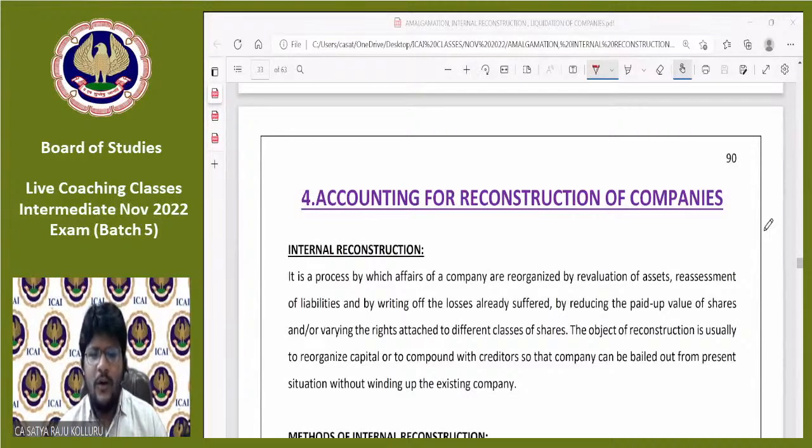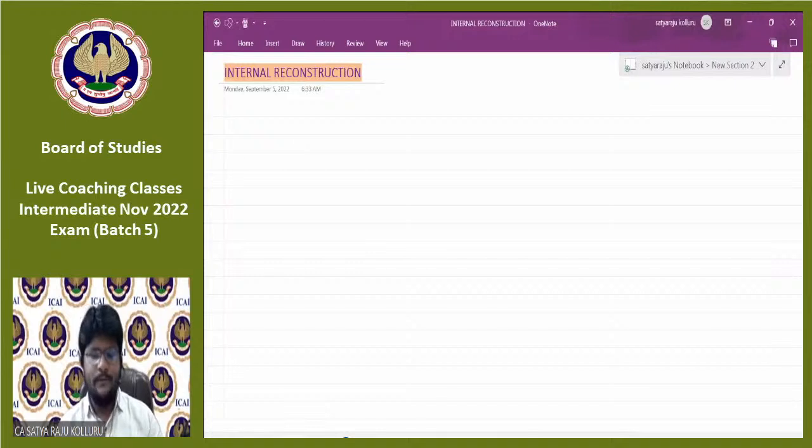As you know, we already discussed something related to internal reconstruction in the chapter Reconstruction, where my entire discussion covered both internal reconstruction as well as external reconstruction in the chapter Amalgamation itself. But anyway, as a formal introduction, for the purpose of visualizing the deeper issues, let me take up the intro part.